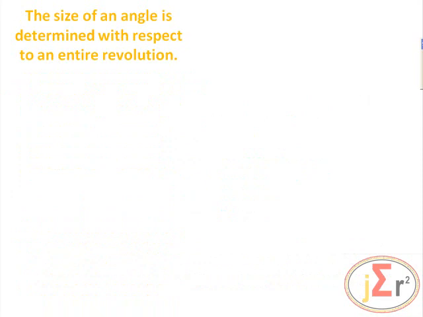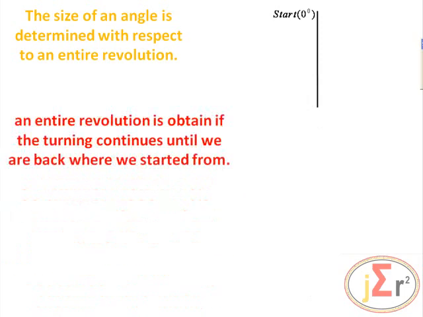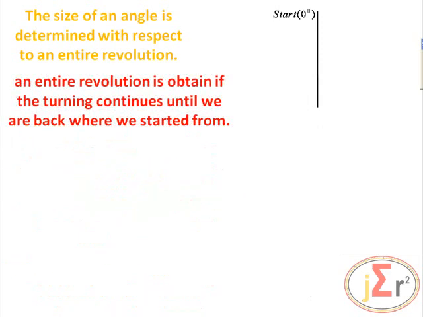The size of an angle is determined with respect to an entire revolution, and an entire revolution is obtained if the turning continues until we are back where we started from.